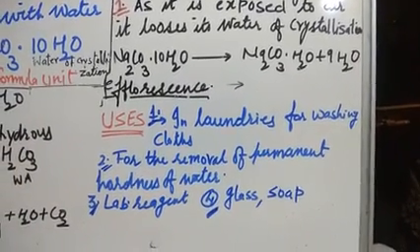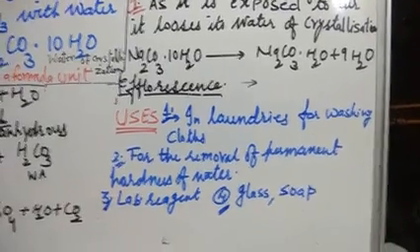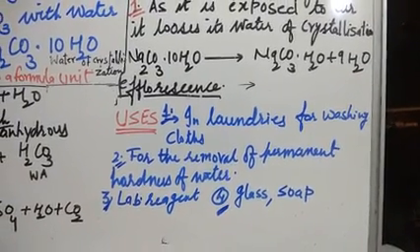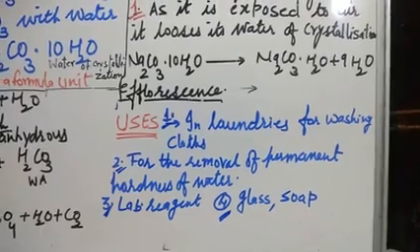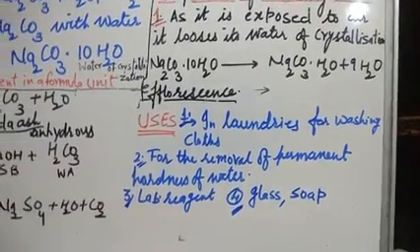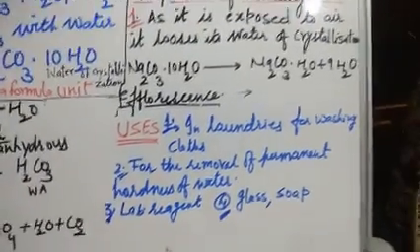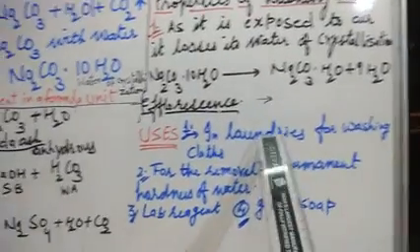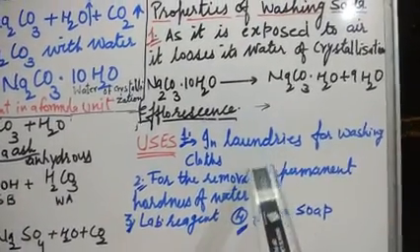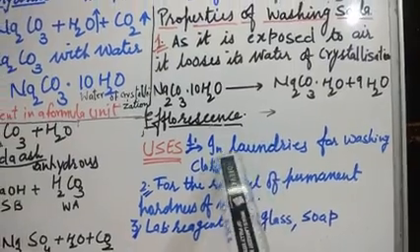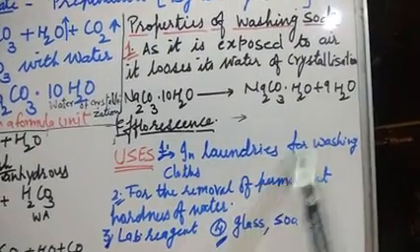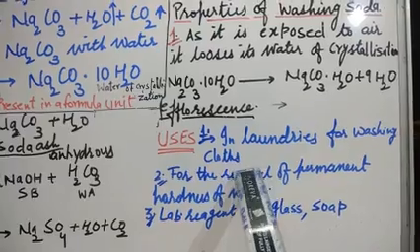I want to remind you, students, that bases are the main constituents of soaps and detergents. So it is also a basic salt. It is washing soda. It is used in soaps and detergents especially. So it is used in laundries for washing clothes.